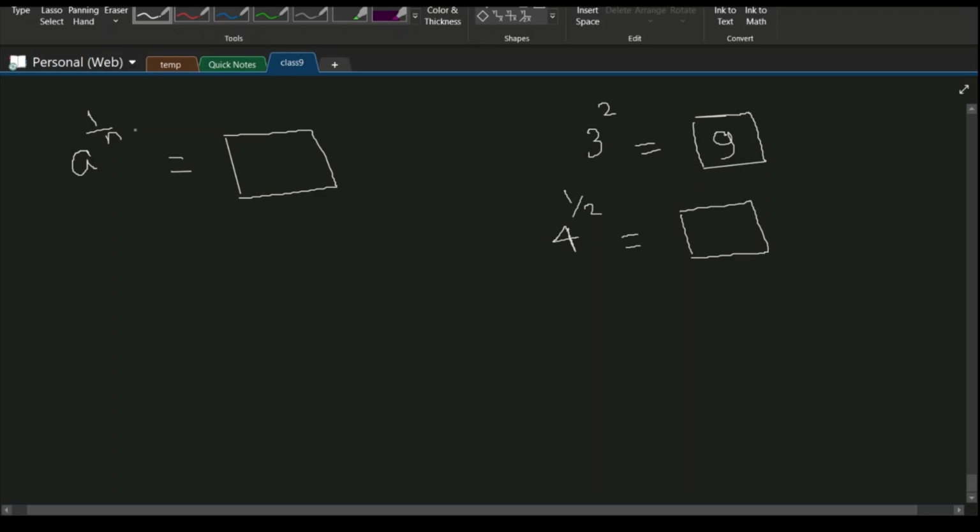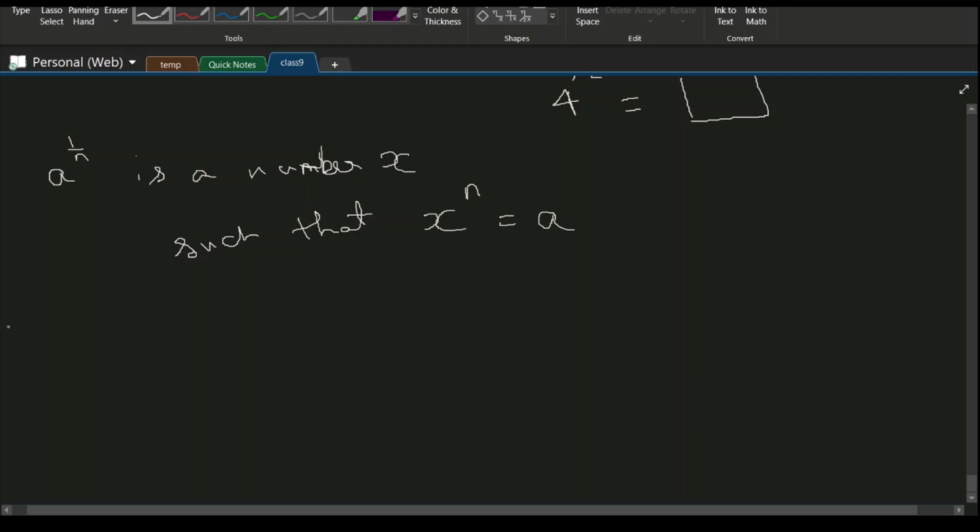The way we defined it when the power was a positive integer will not work here. So here we say principal nth root of a is a number x such that when x is raised to the power n, we get a. This is the definition.